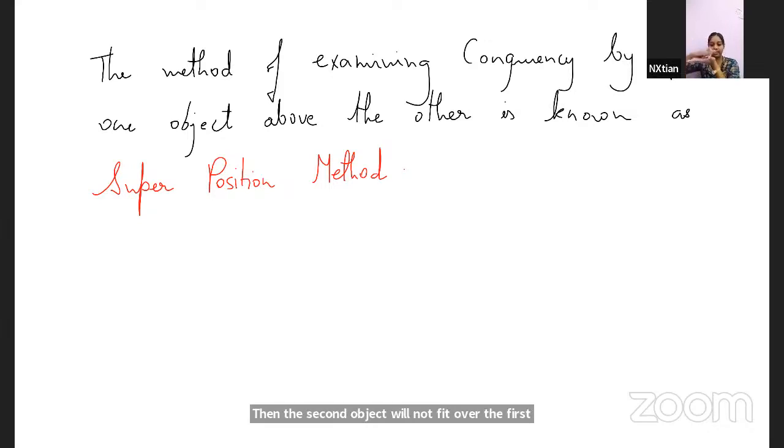It will be coming out from the edges. So this method, when we place one object above the other to see if it perfectly fits, is known as superposition method, or method of superposition. Hope it's clear.